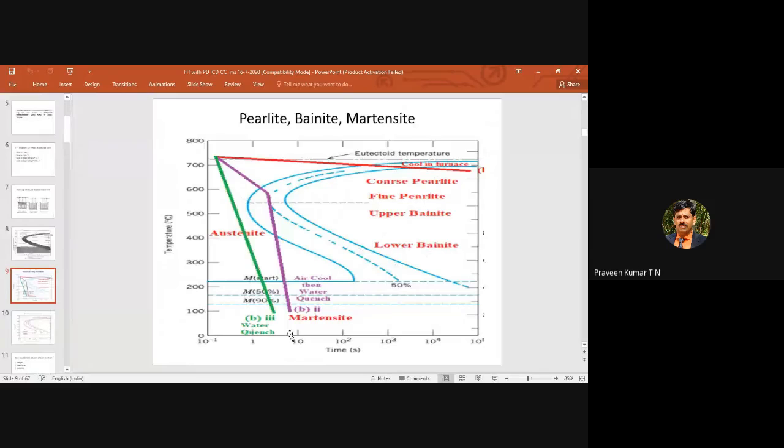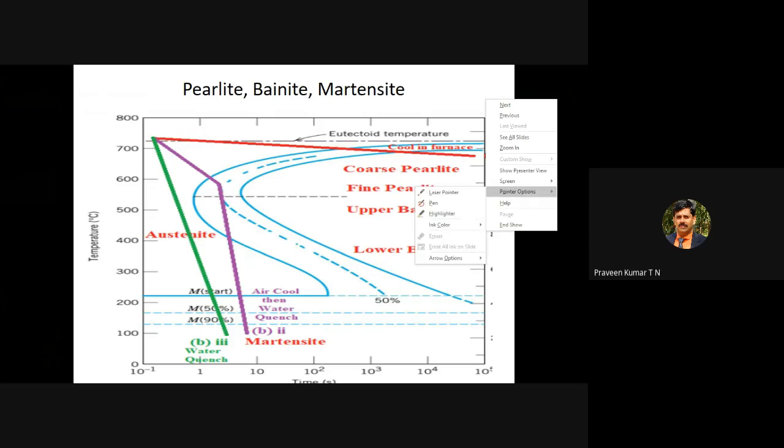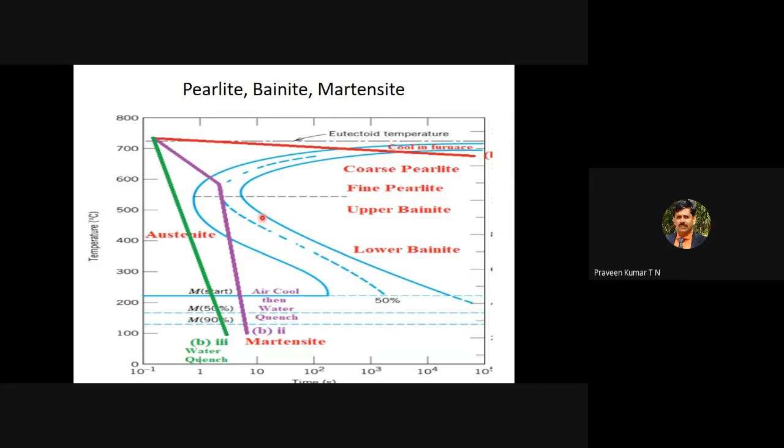There is one more type of transformation. Now you can see this. Is the PPT visible now? Yes, sir. Okay. This is one more diagram. You can understand better. This is a colorful diagram. Now you are starting from 727 degrees Celsius.